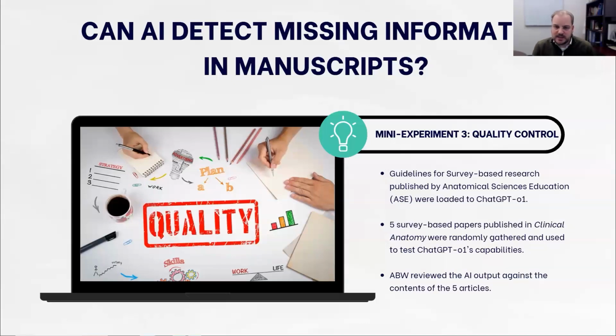So to put this to the test, we first loaded ASE's survey-based guidelines to ChatGPT o1, and then I randomly pulled 5 published articles with survey-based designs from a competitor journal, the Journal of Clinical Anatomy. I then reviewed the AI outcomes against the contents of the 5 articles to see how accurate the AI outputs were.